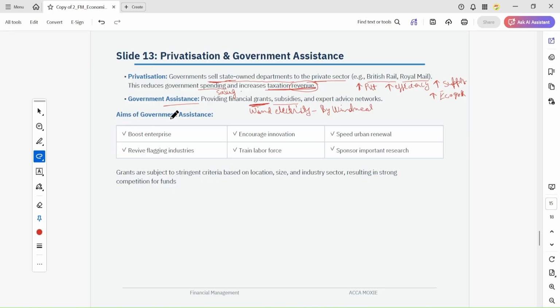So the aim of the government assistance is that the government wants to boost the enterprise, which means that the government wants more wind electricity companies.